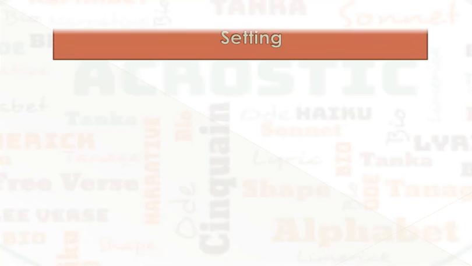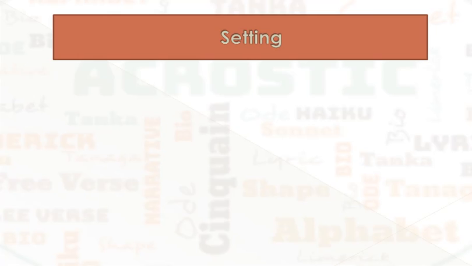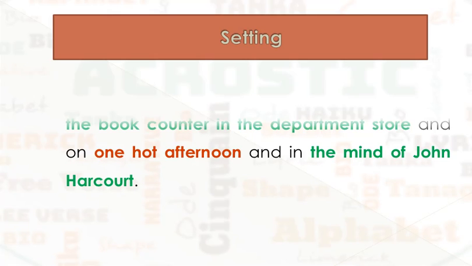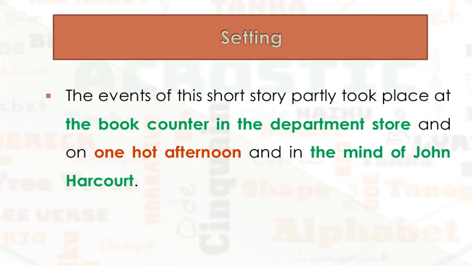Moving on to setting. The third element is setting, time and place. In this story, the events partly took place at the book counter in the department store and on one hot afternoon, and in the mind of John Harcourt, the protagonist.